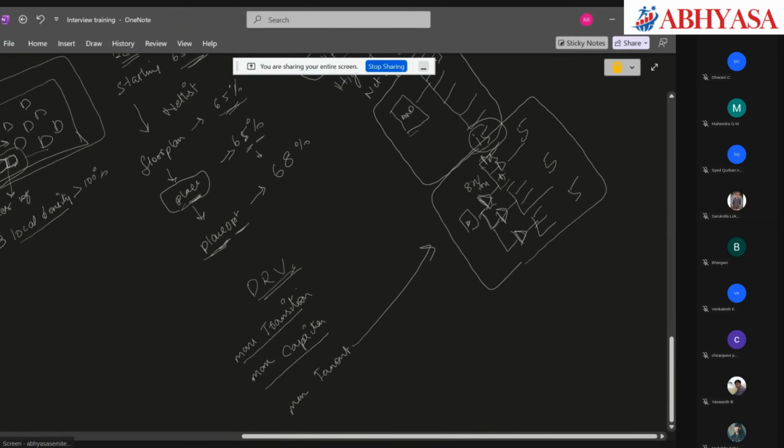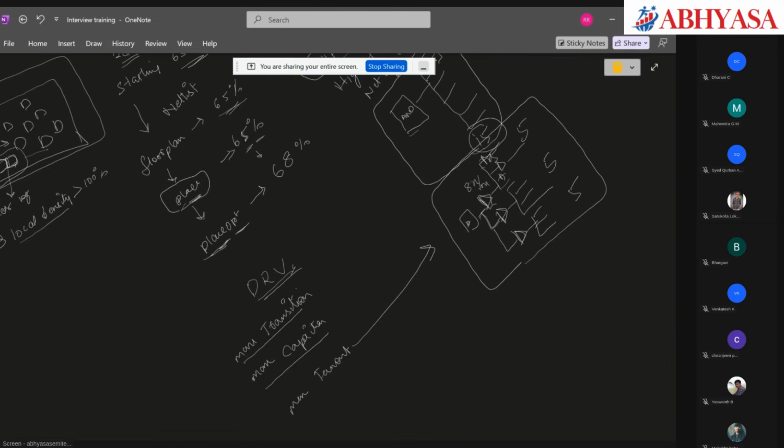Max transition and max capacitance will also be taken care of. Is that right or no? Where does my transition and capacitance fixing happen? The first time my transition and capacitance fixing or DRV fixing happens, does it happen in floor plan or where? Placement, yes. To be precise, place opt after placement, right?